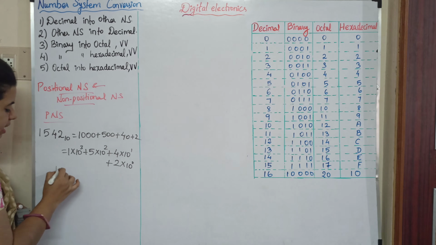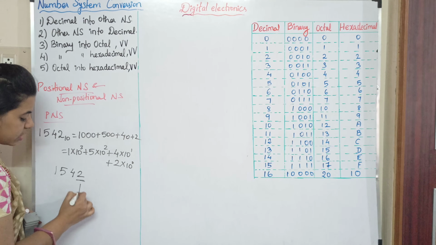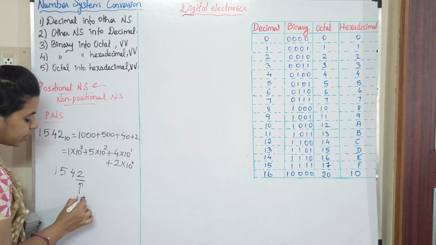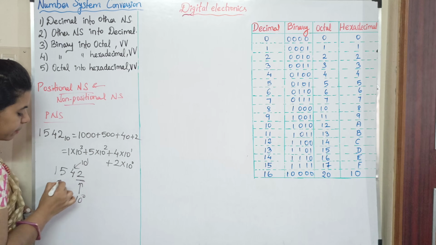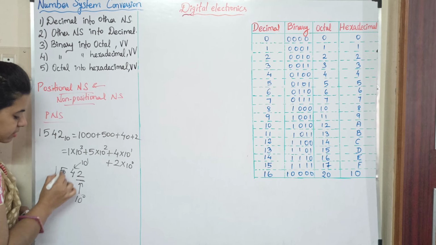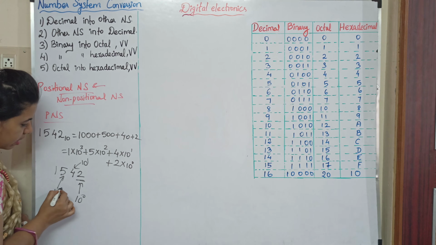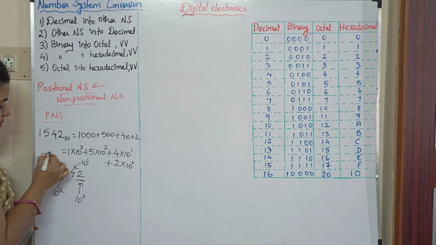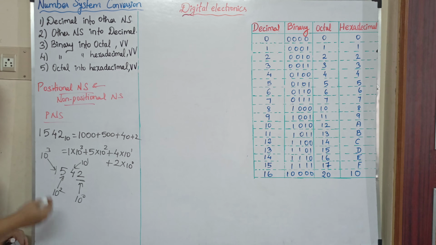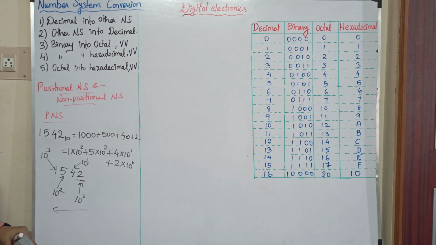So here I can say the weightage of this position is 10 to the power 0, of this position is 10 to the power 1, of this position is 10 to the power 2, and of this position is 10 to the power 3. So you can see the weightage increasing from the least significant bit to the most significant bit.